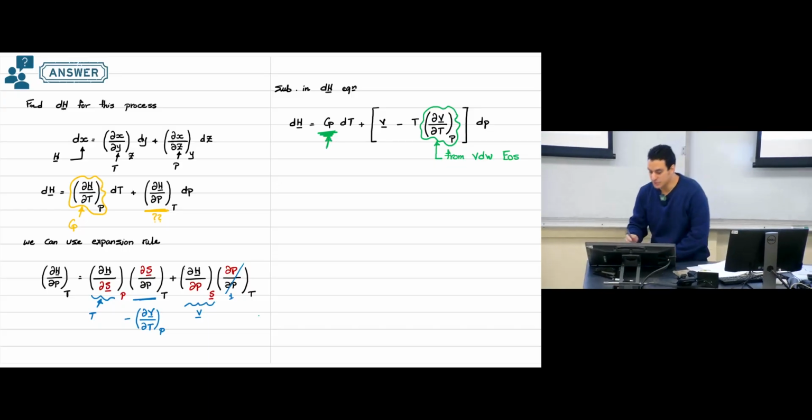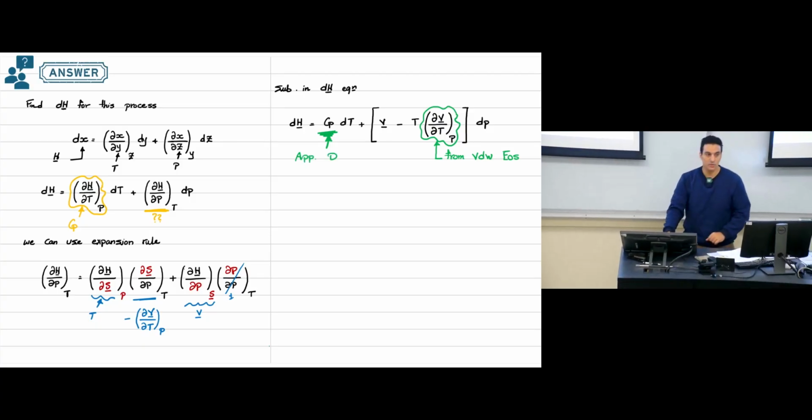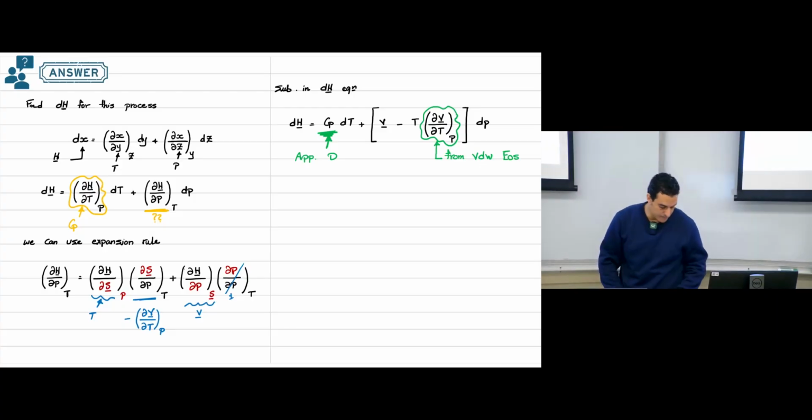Cp, which is heat capacity, in the example he said we will use appendix D to find this thermodynamic property. One of the things we have in this problem is the value of Cp.